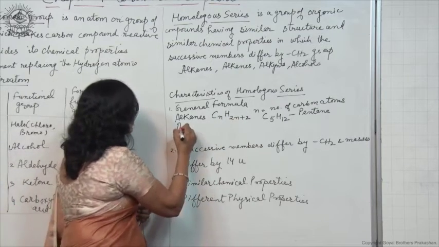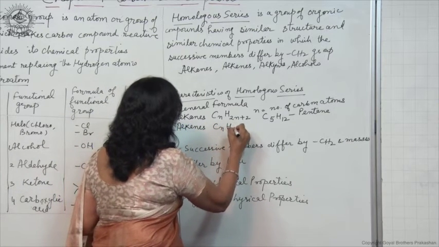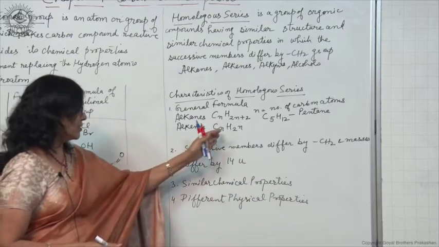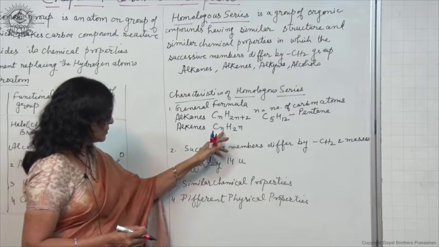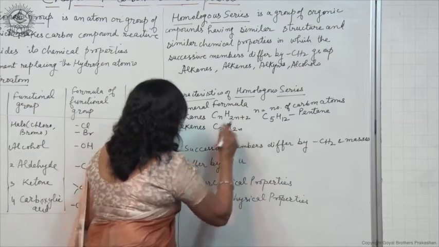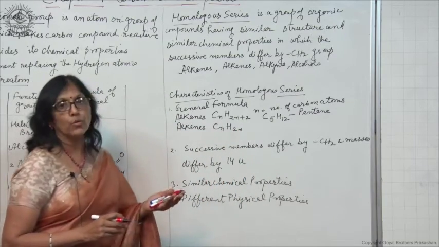Alkenes, general formula is CnH2n. The first member is when n is equal to 2, because the number of carbon atoms cannot be 1 in this particular case, because there is a double covalent bond.